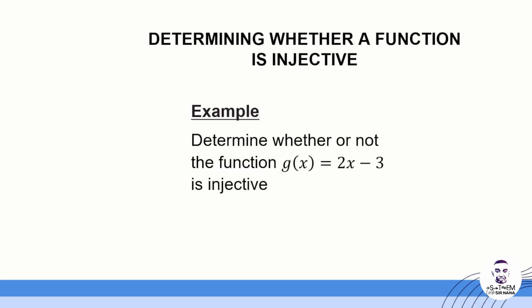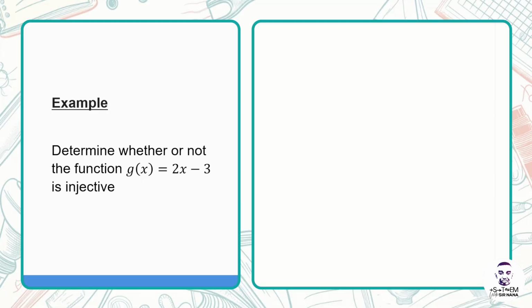So let's consider this example. It says, determine whether or not the function g of x, which is equal to 2x minus 3, is injective, right? We want to determine whether or not the function is injective. So for injective functions, we need to quote what it means.